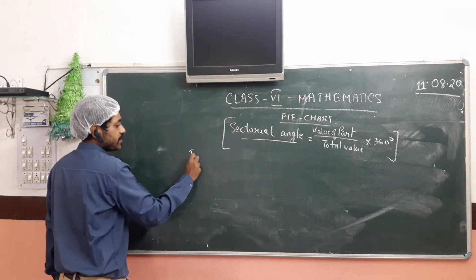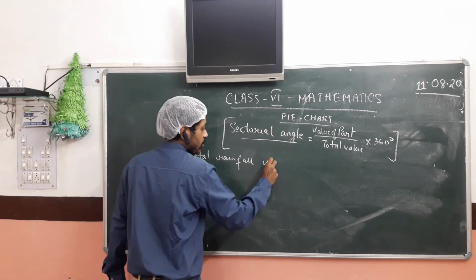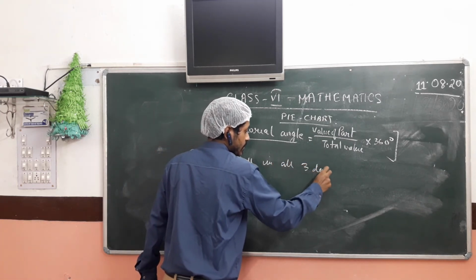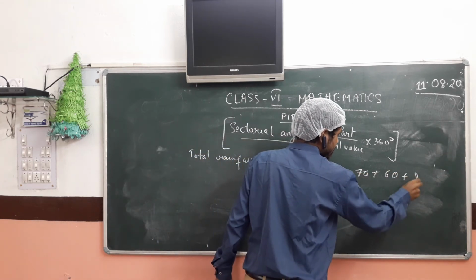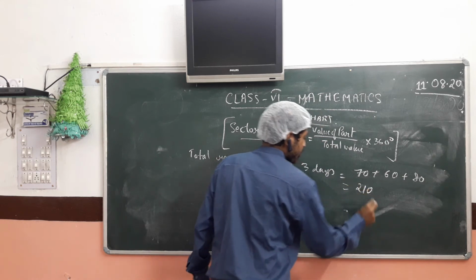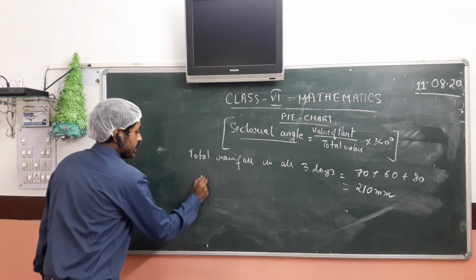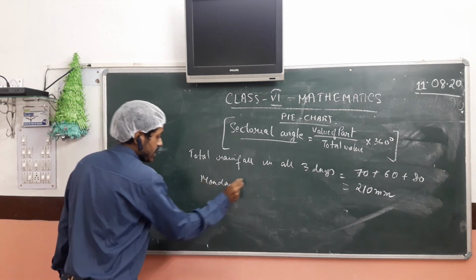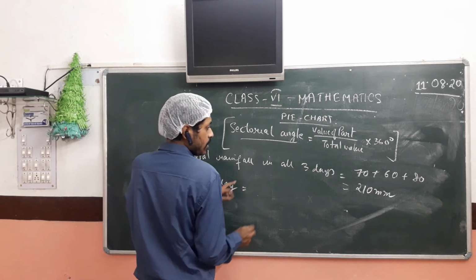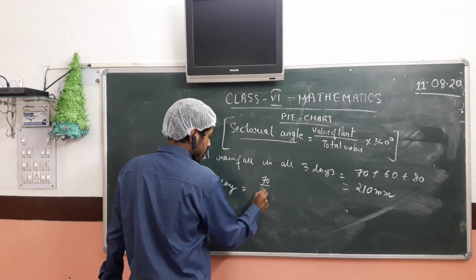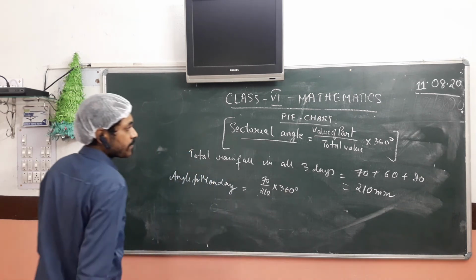For example, here we need to calculate the total rainfall in all the 3 days, which will be equal to 70 plus 60 plus 80, which will be equal to 210 millimeter. Then angle for Monday equal to 70 by 210 into 360 degrees obviously.